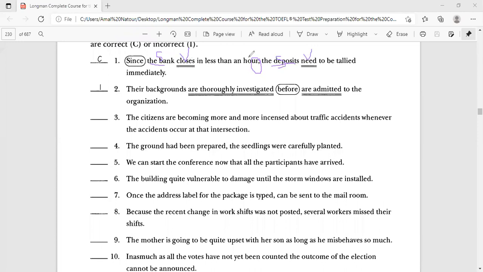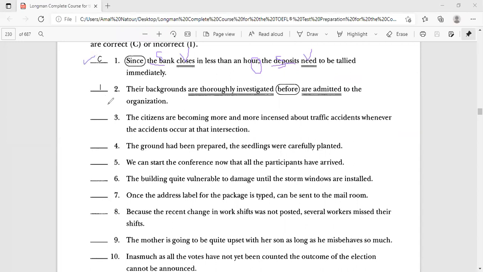Then I have subject, verb. And here in the middle there is a comma. So I need a connector that comes at the beginning because the comma is in the middle. So I say, since the bank closes in less than 1 hour, deposits need to be made. Is this wrong or right? Yes, it is correct.